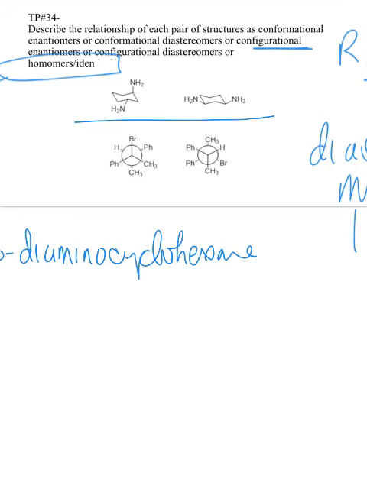One of them, because you can see that if you drew your axial down, this one is cis, and this one is trans. So if they're trans and cis, these would be conformational diastereomers.